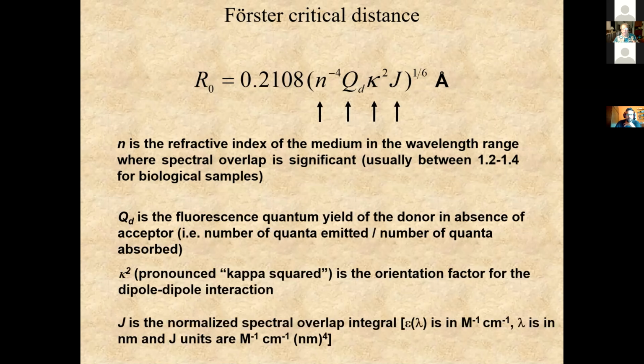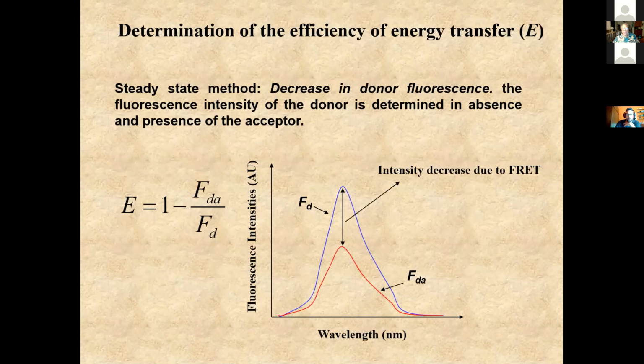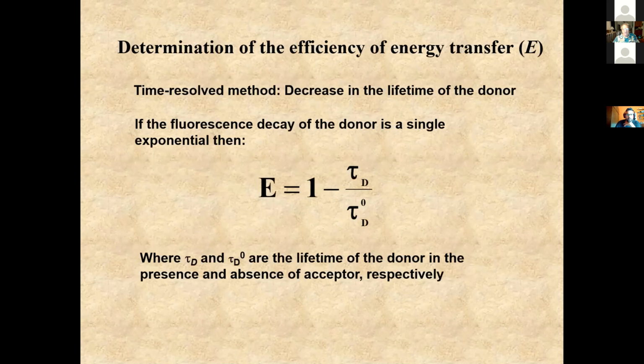You have to have some overlap between the emission spectrum of the donor and the absorption spectrum of the acceptor. And you can determine these efficiencies by looking at the decrease in donor fluorescence, for example, by intensity, or you can do it by looking at the lifetime.